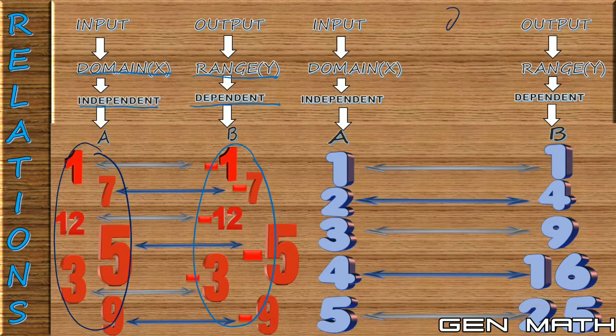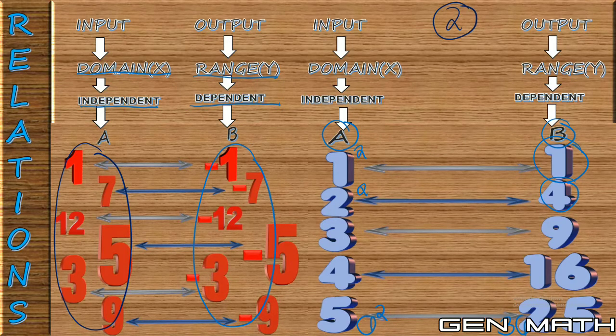For example here, the rule is if you are going to square a number in set A, the result should be in set B. So for example, 1 squared is equal to 1. If you are going to add 6 in set A, therefore you should add 36 in set B, because the square of 6 is 36.